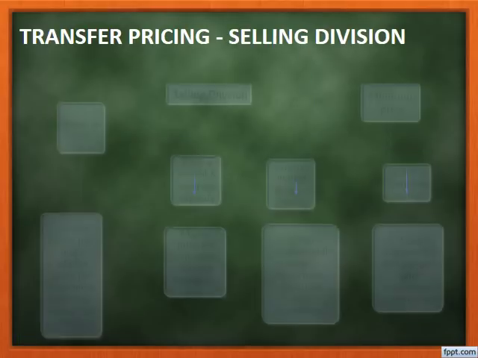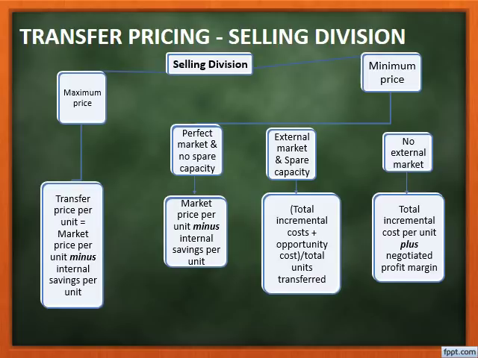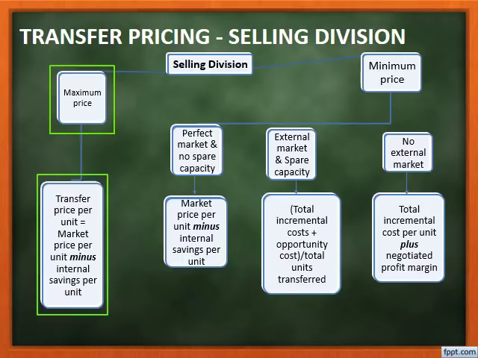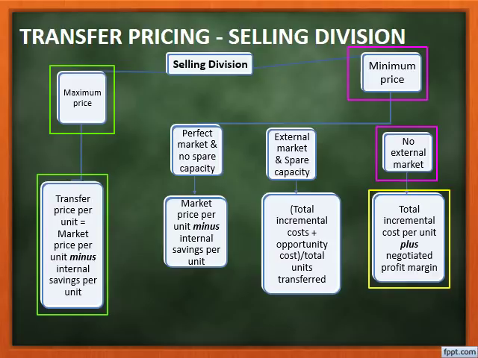For the selling division, the maximum price will be the market price per unit minus internal savings per unit. The minimum price will depend on whether there is a perfect market, an external market, or no external market. For no external market, the total transfer price will be the total incremental cost per unit plus negotiated profit margin.